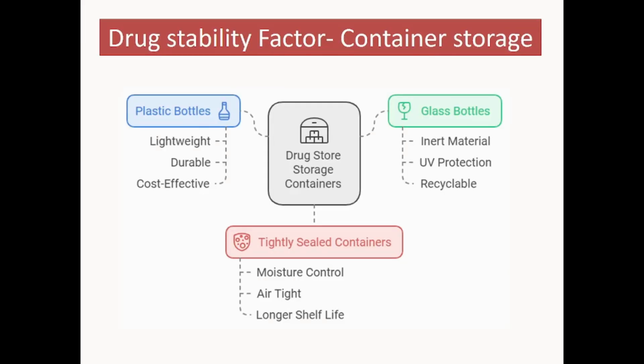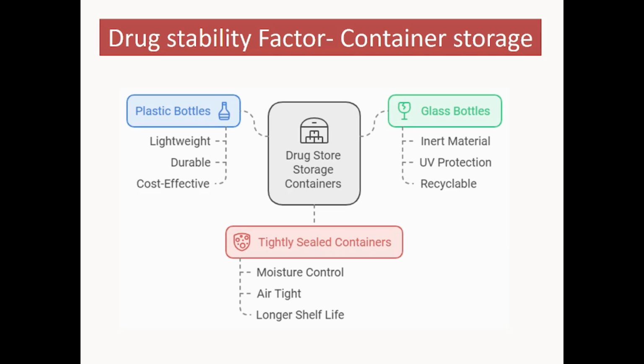Here are examples of factors related to storage containers. Most commonly used are plastic bottles. However, some products are not stable in plastic because they interact with it, so you store them in glass bottles.